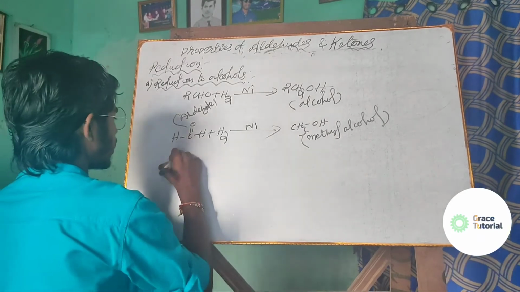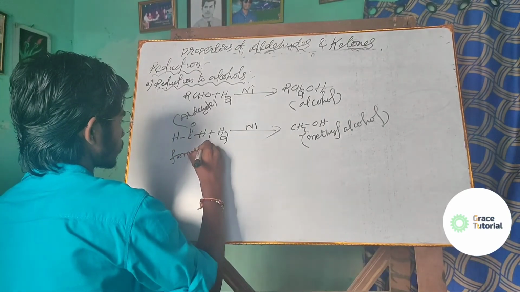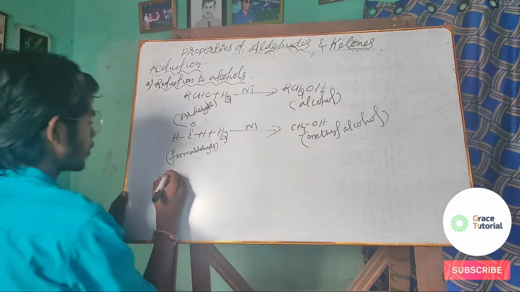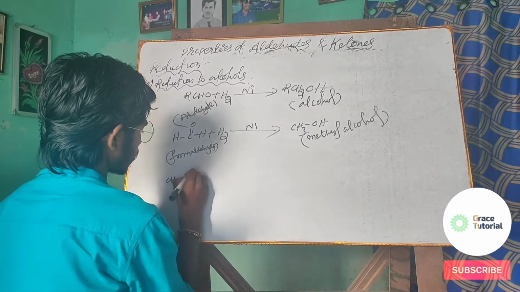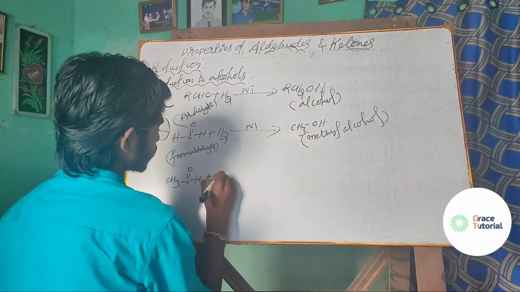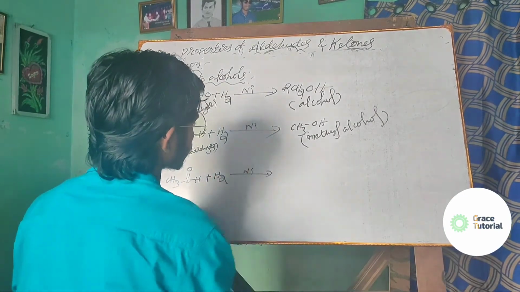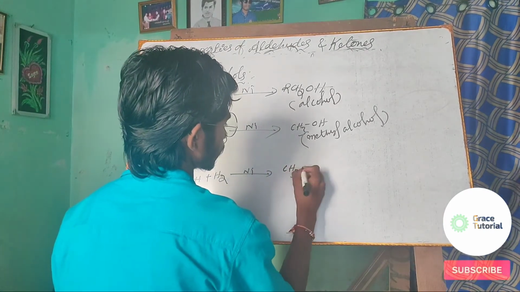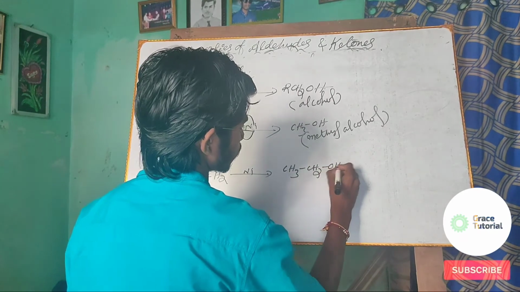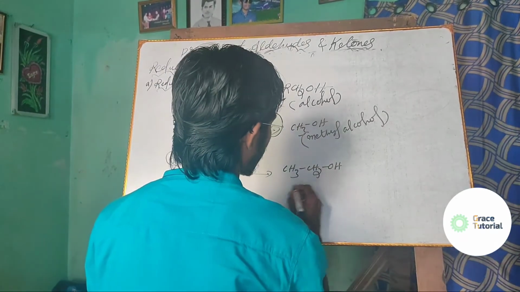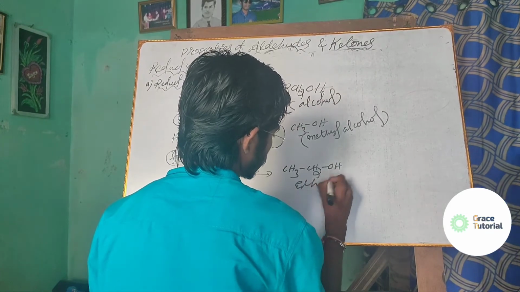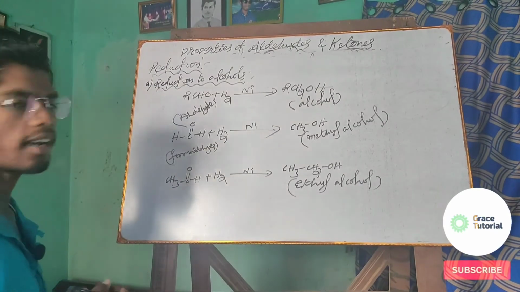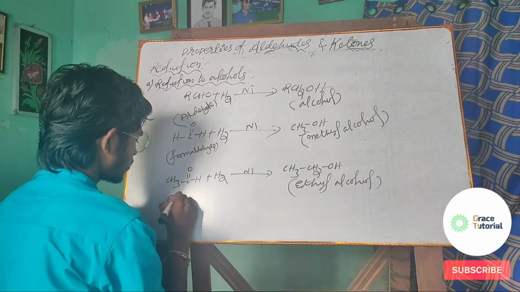If you take acetaldehyde, you get CH3CH2OH, the primary alcohol, that is ethyl alcohol.